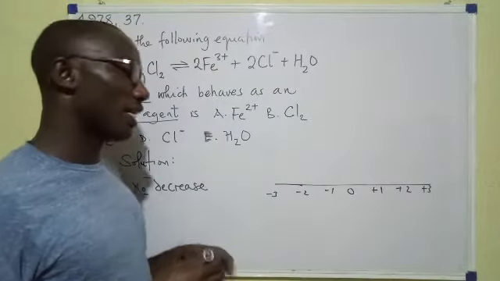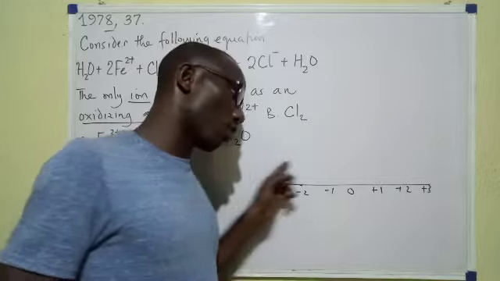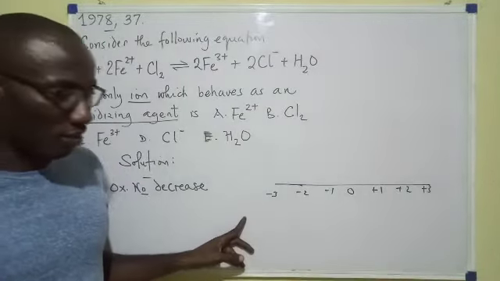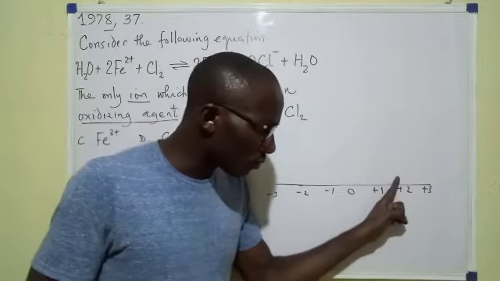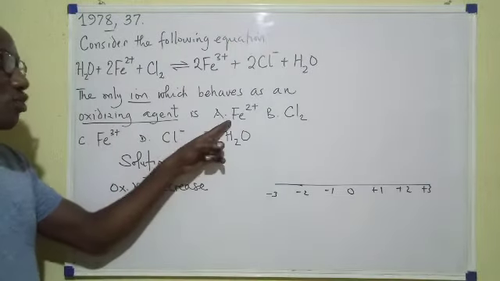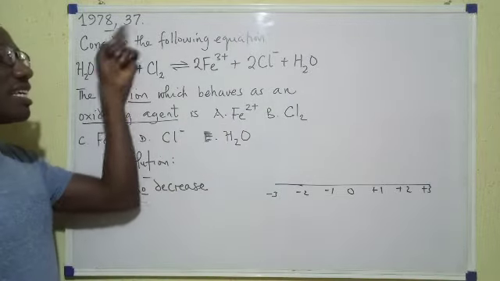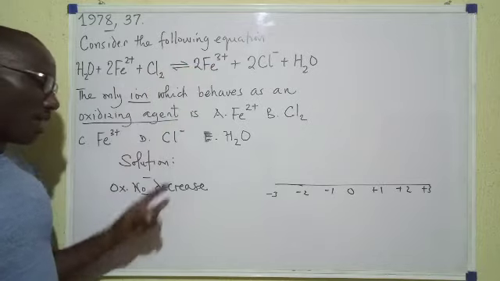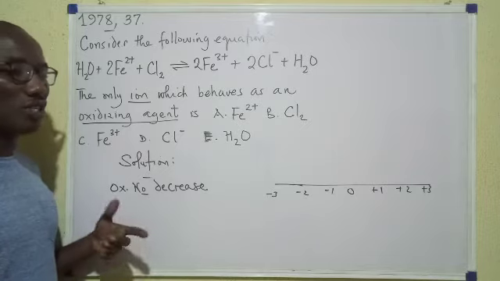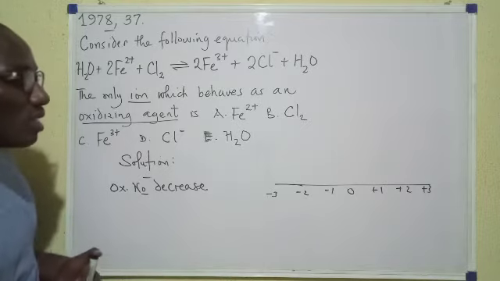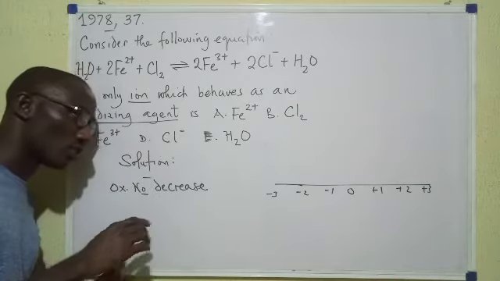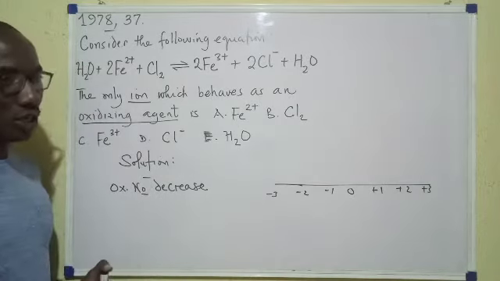On this number line, anything that involves going in that direction is an increase. Going in this other direction is a decrease. So going from plus 2 to plus 3 is an increase. So we say for Fe2 plus, it experiences an increase in oxidation number, and that is not an oxidizing agent. Instead, that is a reducing agent, because reducing agents undergo oxidation. And what is oxidation? An increase in oxidation number.